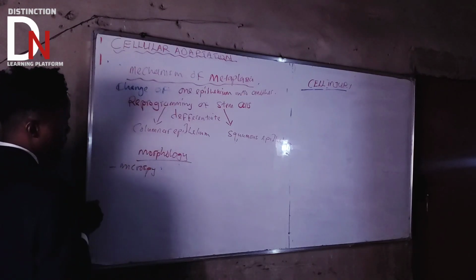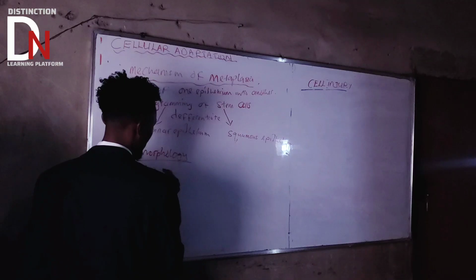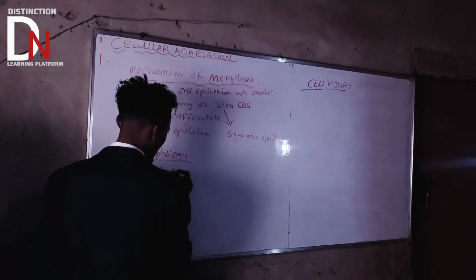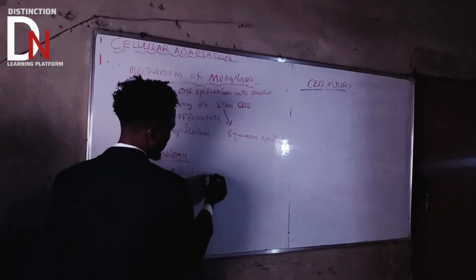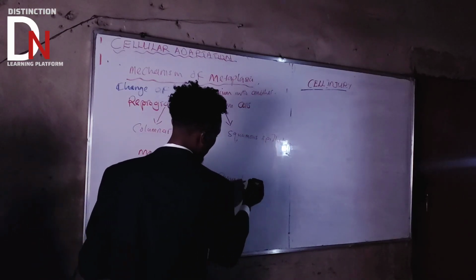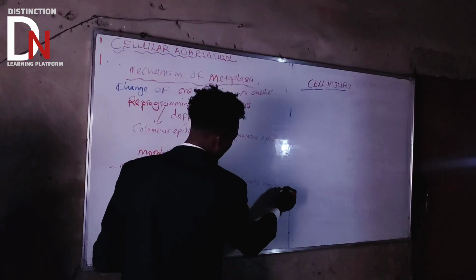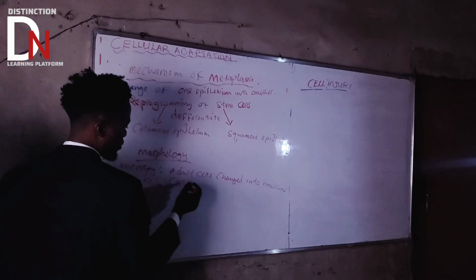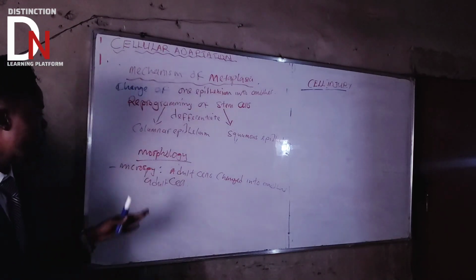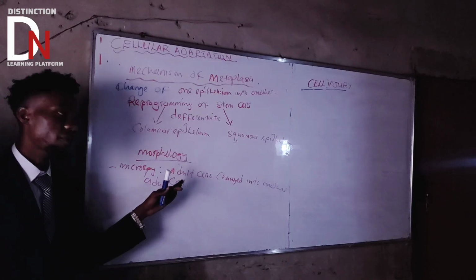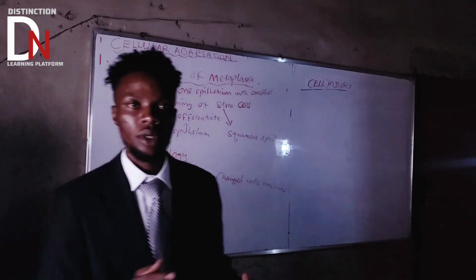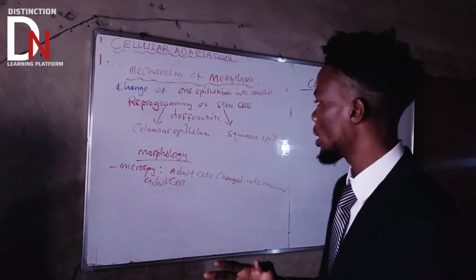What can you see under the microscope? You are going to see adult cells that were at first one type changed into another adult cell.